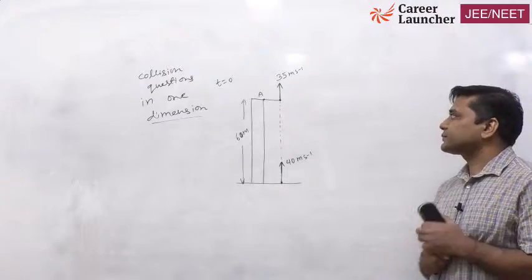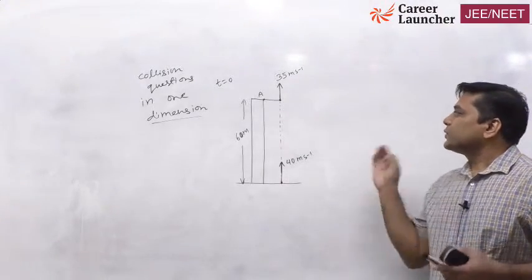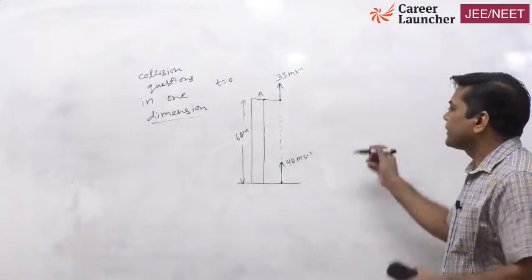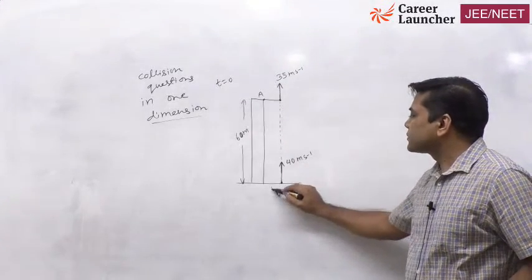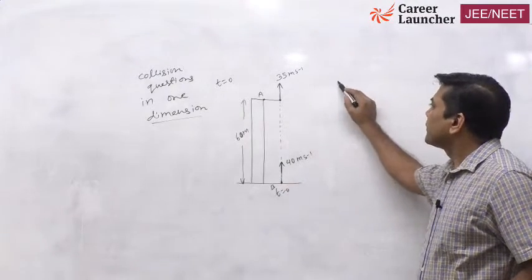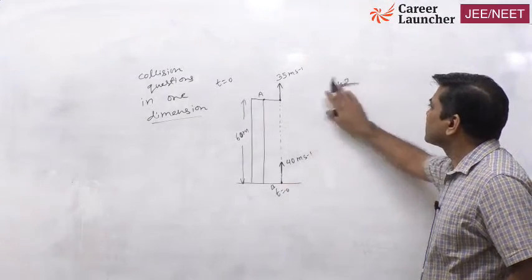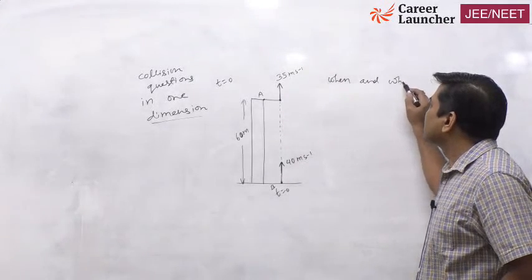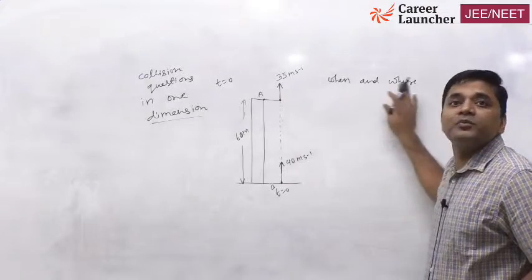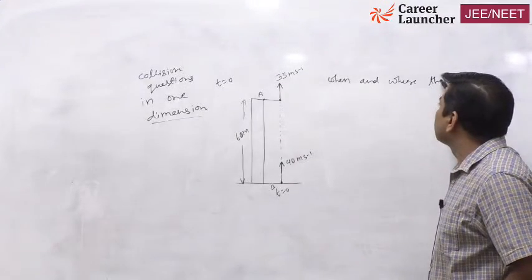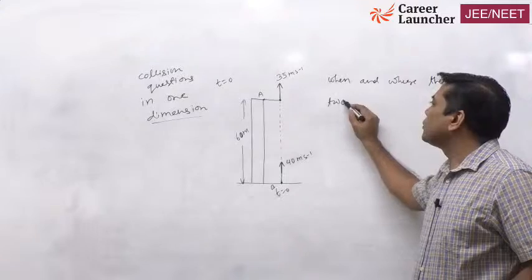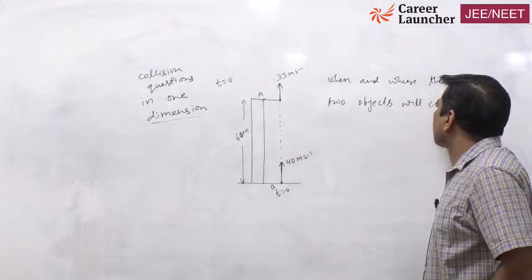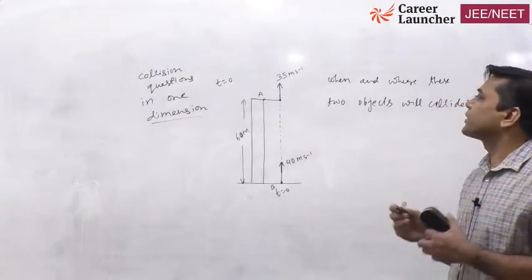So here we need to find out, at t equal to 0, stone B and A, when and where, that means time and position, these two objects will collide. This is the question you need to try.